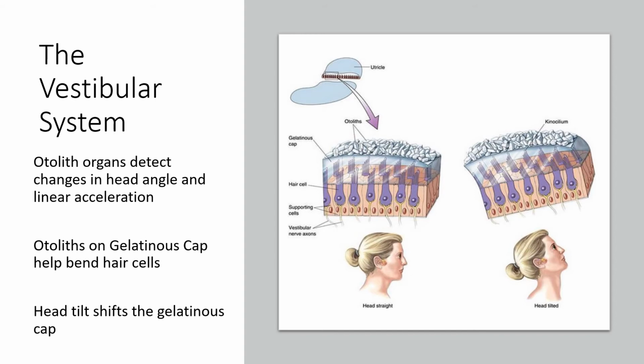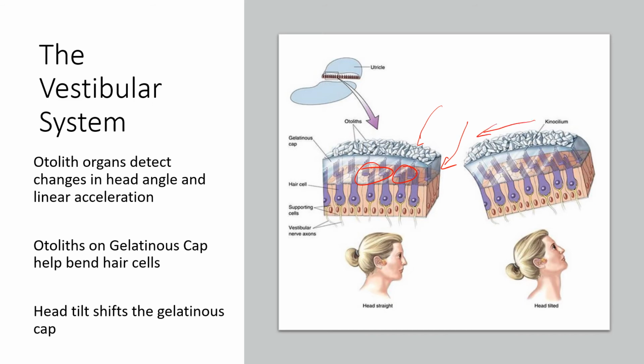So in the otolith organs, the utricle and the saccule, you have this gelatinous cap sitting in here. You have these little otolith crystals sitting on top, and then you have the hair cells embedded inside that gelatinous cap. So what happens when the head tilts is these otoliths on top kind of get pushed backwards by the fluid.